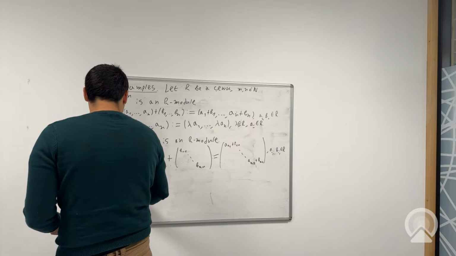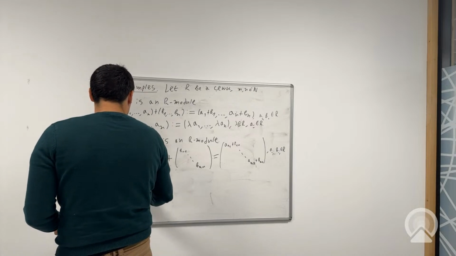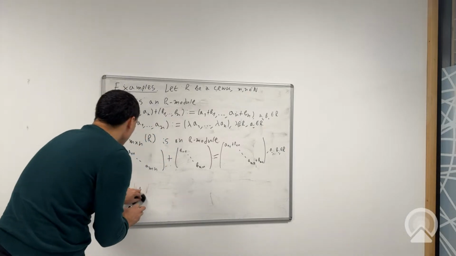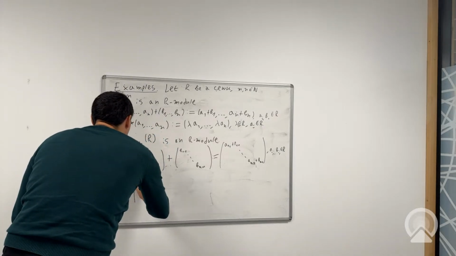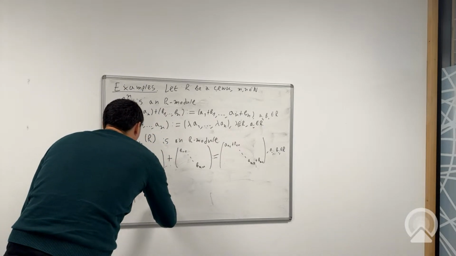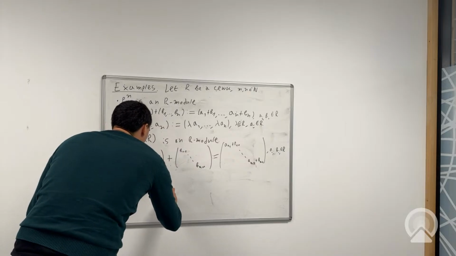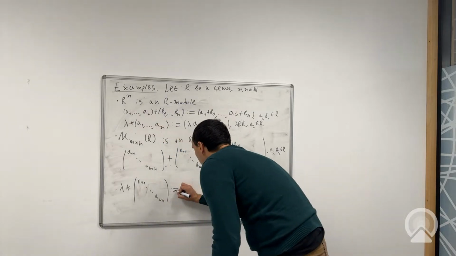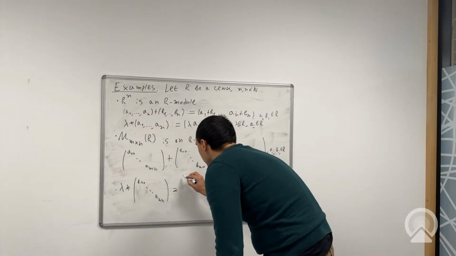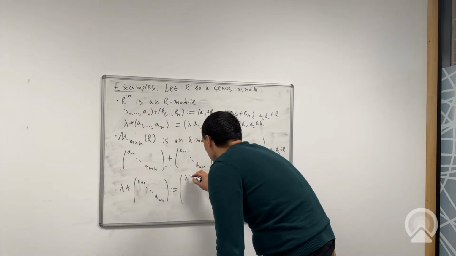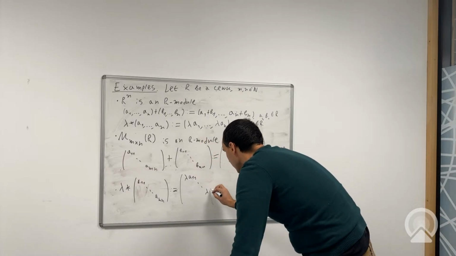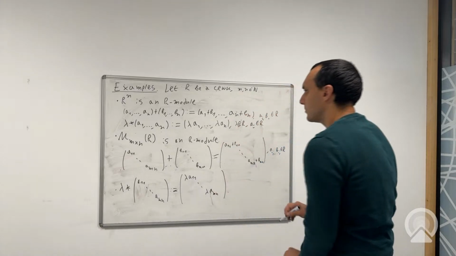So lambda times the matrix (a_11 to a_mn) is given by lambda times the first element up to lambda times the last element. Okay.